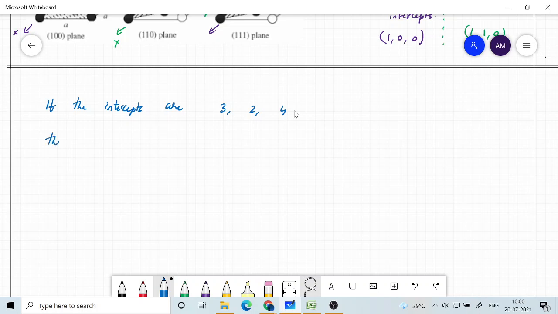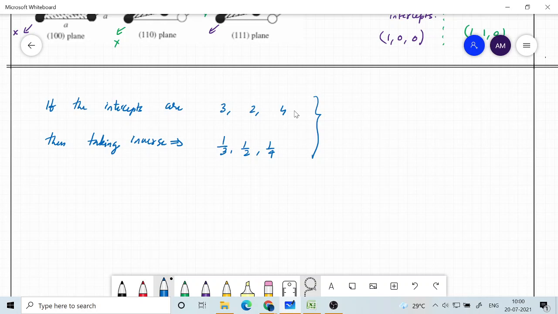Then taking the inverse, we will get 1 by 3, 1 by 2, 1 by 4. So in such cases, we need to multiply it with the LCM.